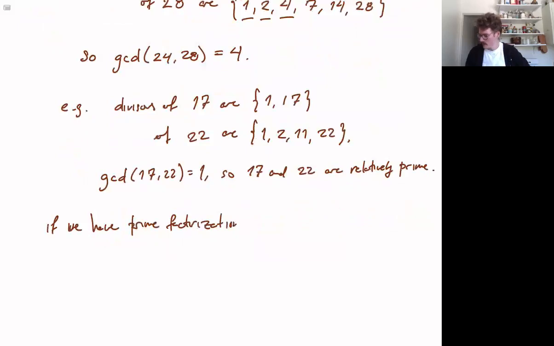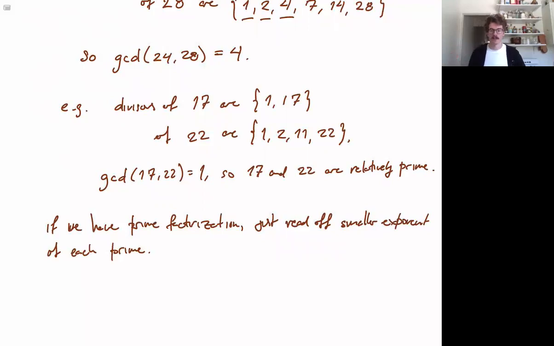You can read off the smaller exponent of each prime, and that will give you the greatest common divisor.